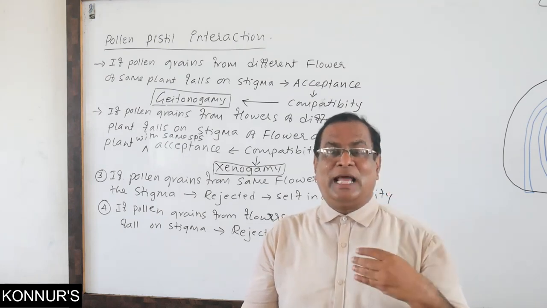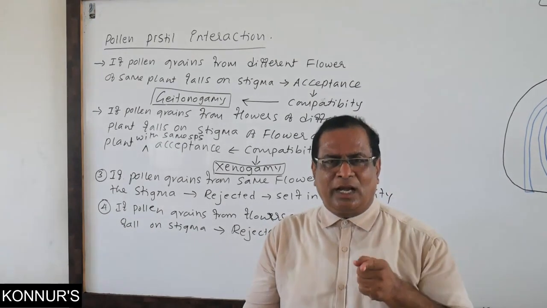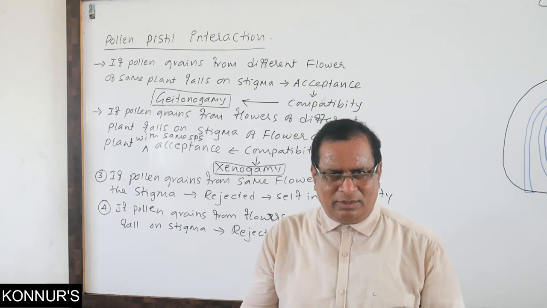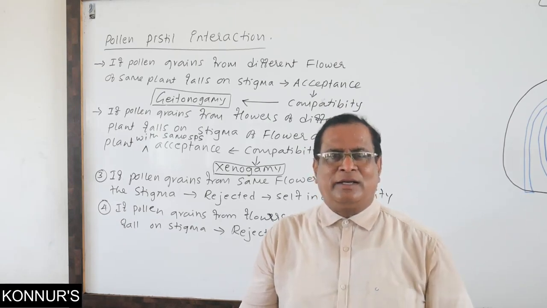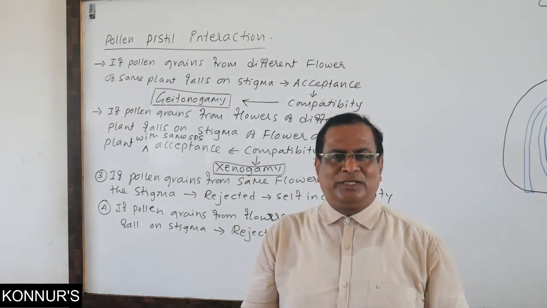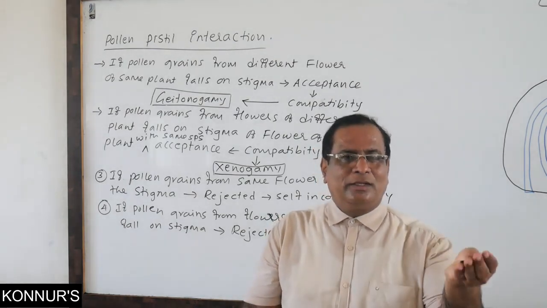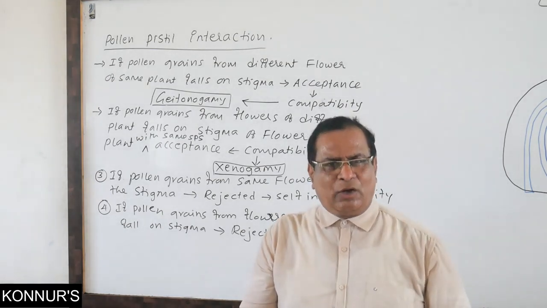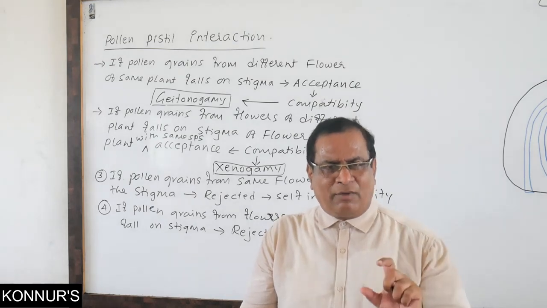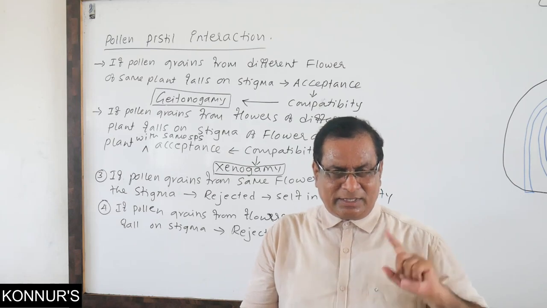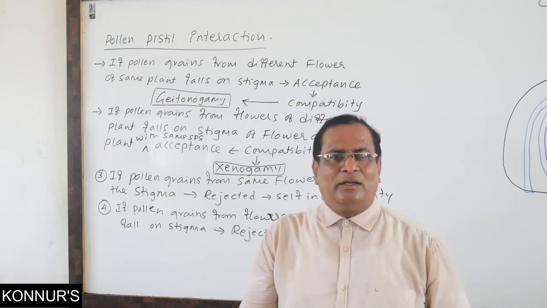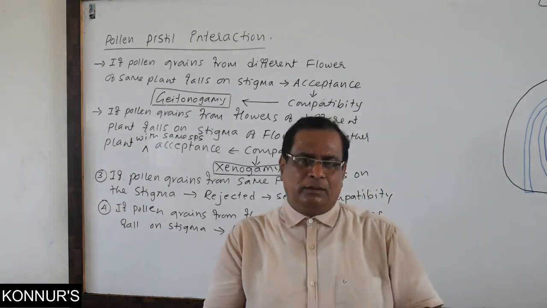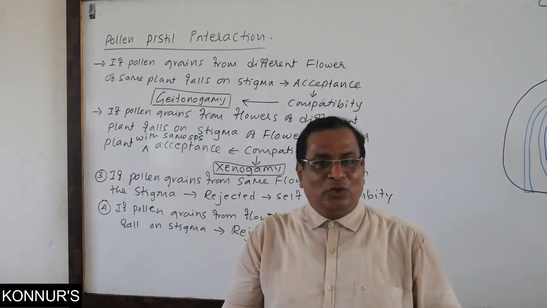You may say those dialogues may be like this. When the pollen grain falls on the stigma, the stigma asks, "Are you from the same flower?" If it says yes, you are rejected by self-incompatibility. When the pollen grains fall on the stigma, it asks, "Are you from a flower of a different species?" If it says yes, you are rejected, will be said by the stigma, that is due to incompatibility.